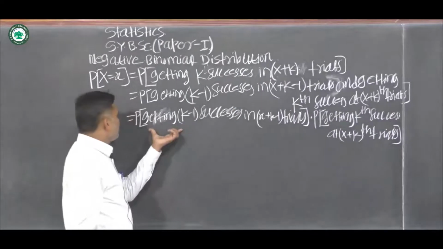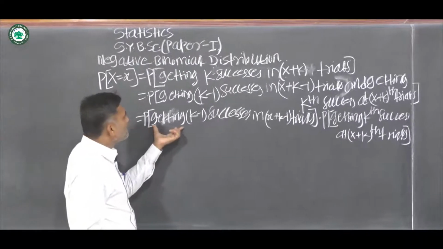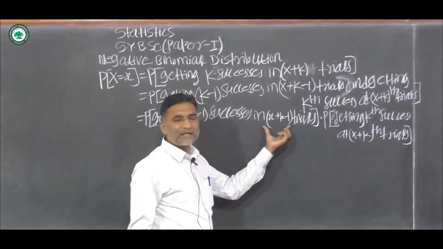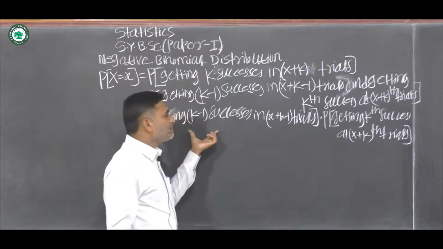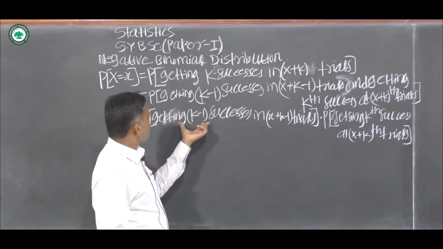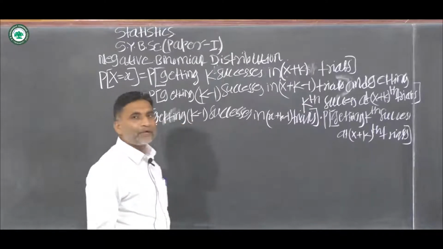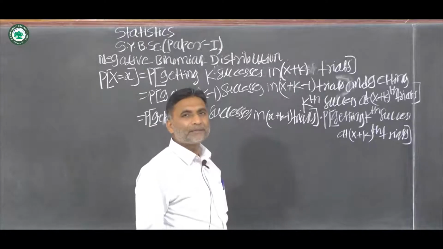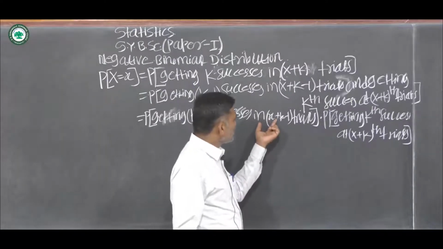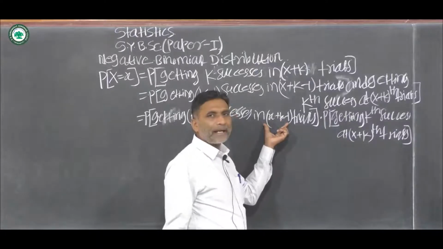Now the first, probability of getting k minus 1 successes in x plus k minus 1 trials, is a binomial probability with parameters x plus k minus 1 and p.